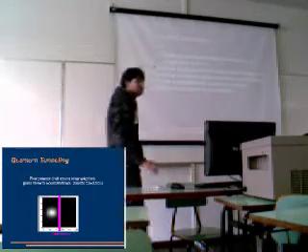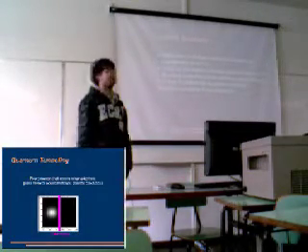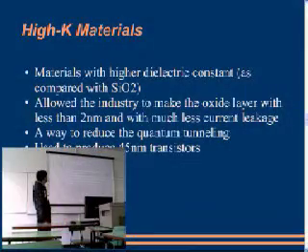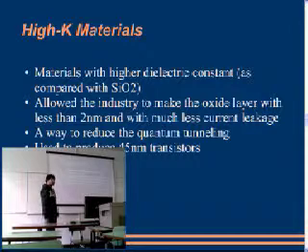To try to solve this, they changed the type of the oxide layer, the type of the material. They call them high-K materials. This is a material with a high dielectric constant in comparison with silicon oxide.